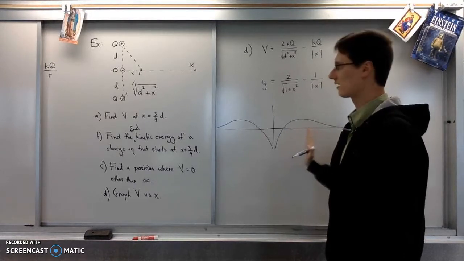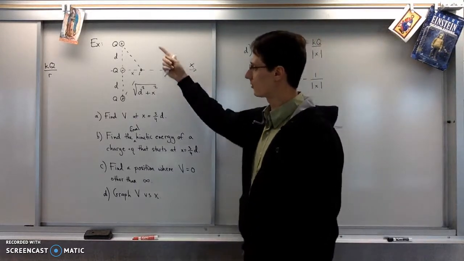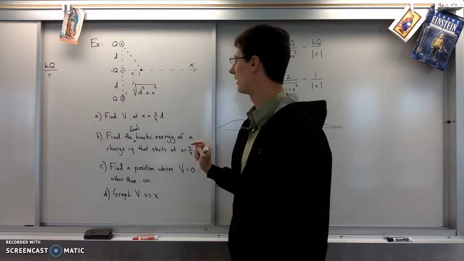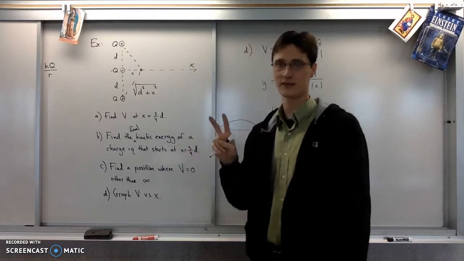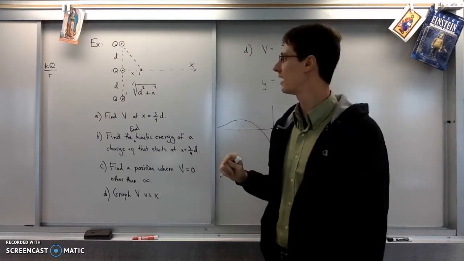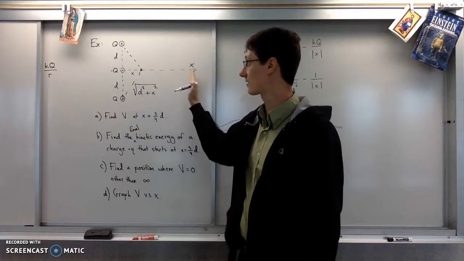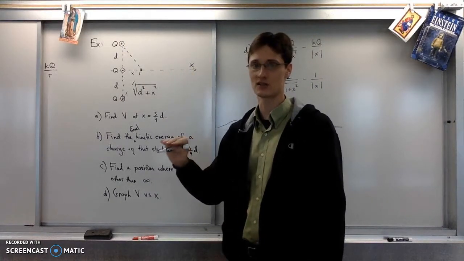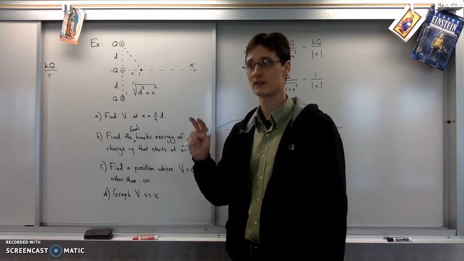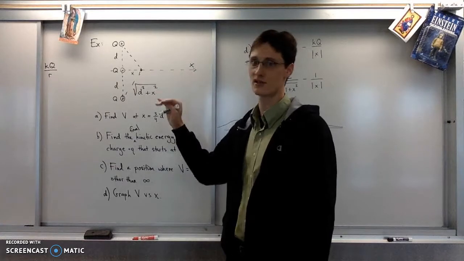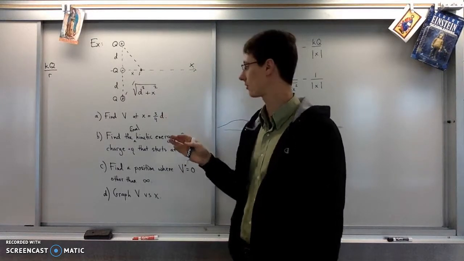In between here, since we've got 2 positives and 1 negative, 2 things have got to be true. Number 1, at some specific point along this axis, the potential has got to hit 0. And second, the potential has to end up at some range of values in positive territory.